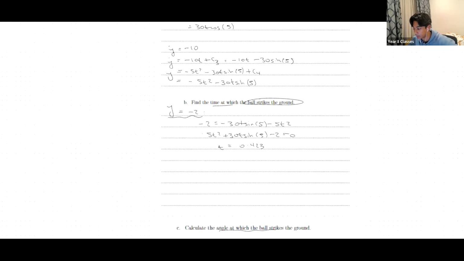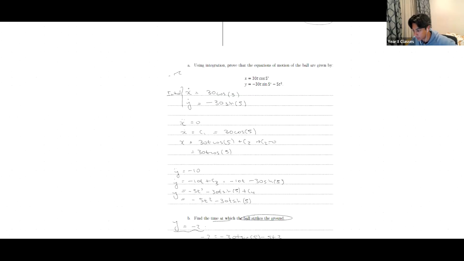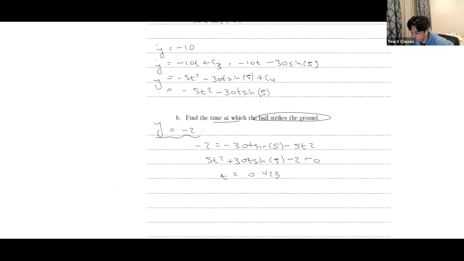For part B, we wanted to find the time at which the ball struck the ground. From the diagram, we knew the ground was at y equals -2. So we took our y displacement equation, -5t squared minus 30t sine 5, let that equal -2, and solved for t, and that gave us our time.